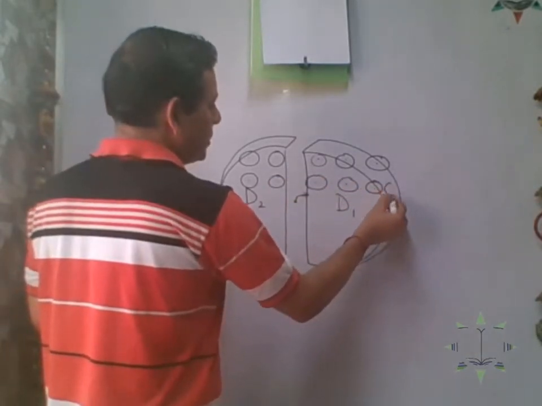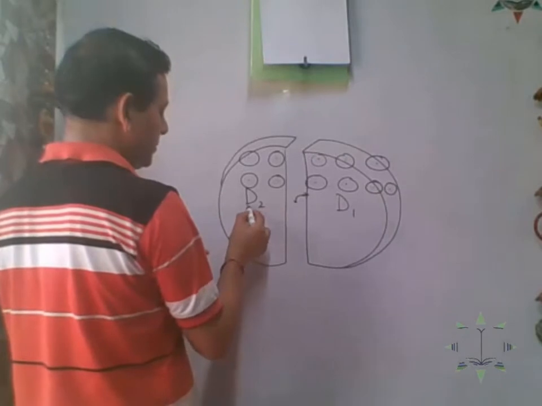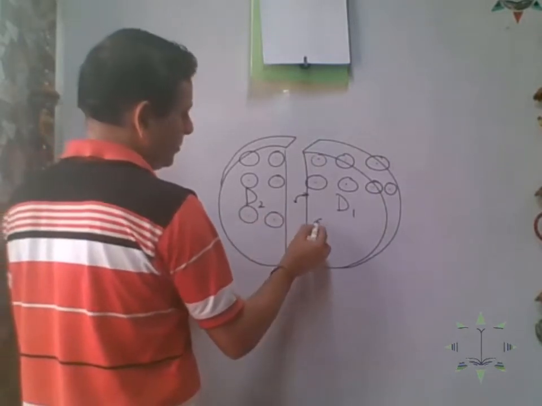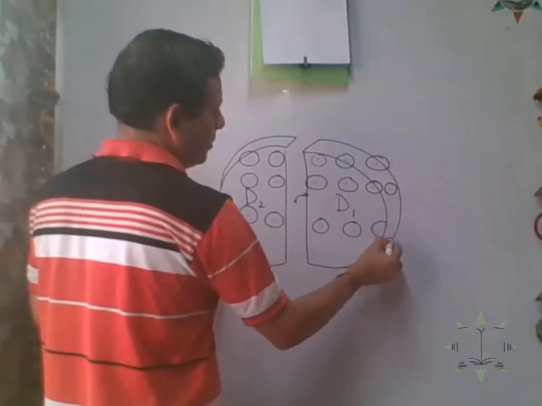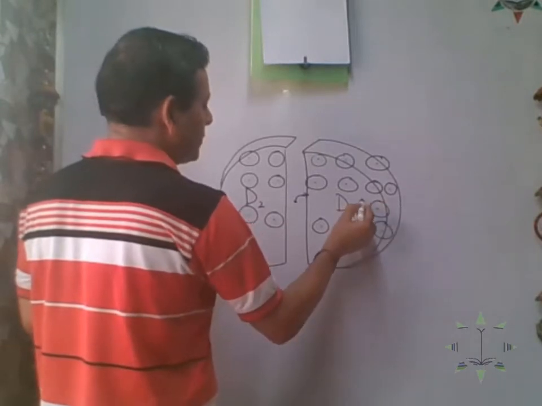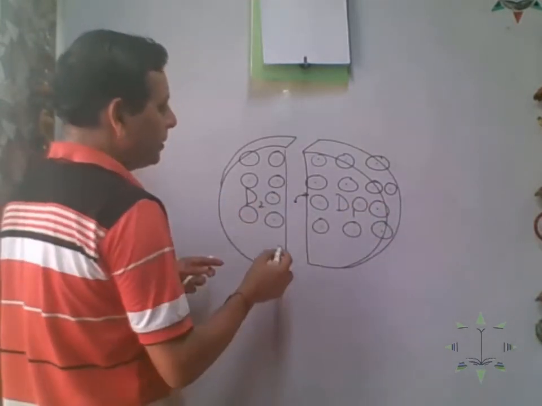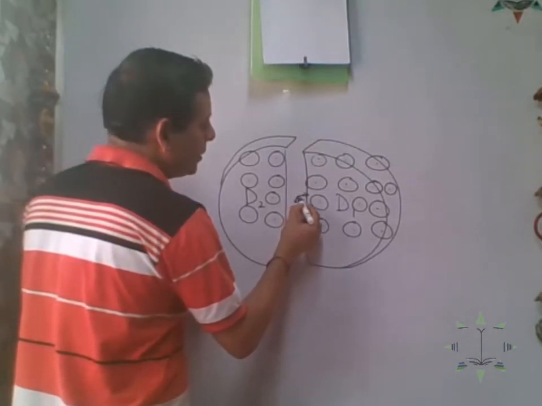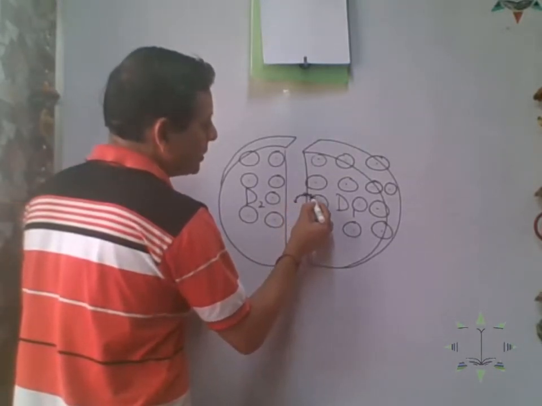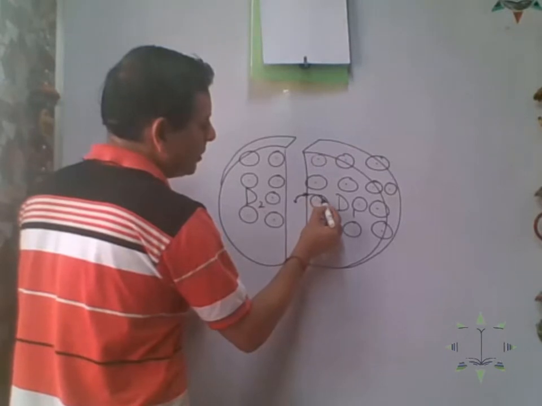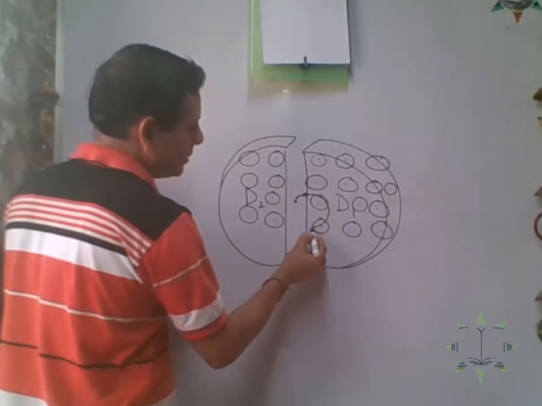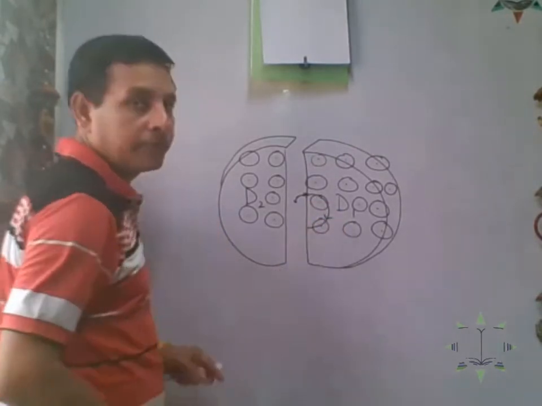This is just to understand how it happens. A uniform magnetic field is there. So the charged particle, the moment it enters, will cover a circular path like this.